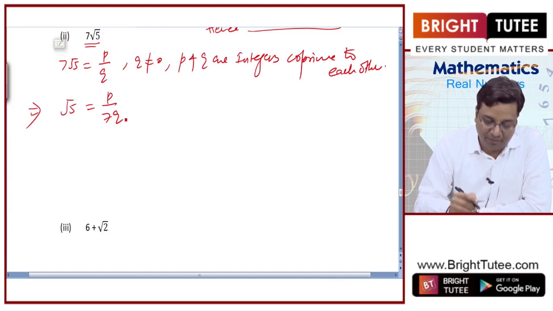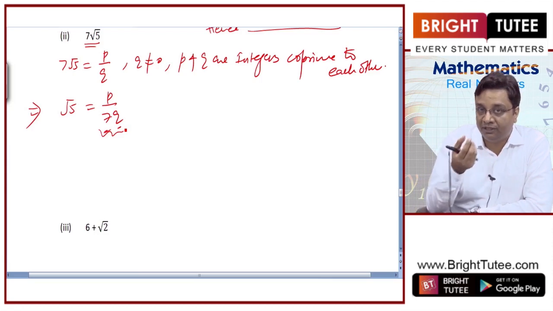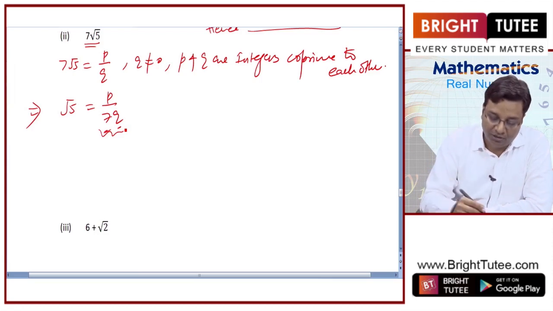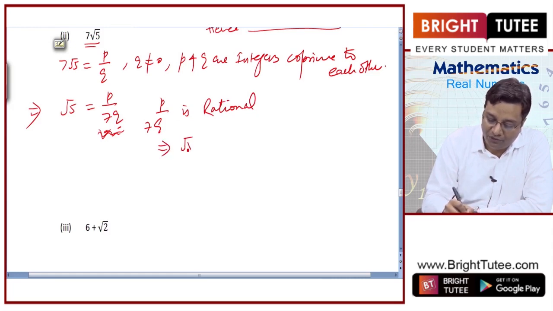Now you just need to explain that q is non-zero, so 7q is non-zero. Hence this number on the right hand side is rational, because it is also written in p by something form, where the something in the denominator is non-zero. So this number on the right hand side, p by 7q, is rational. So it is suggesting to us that root 5 is also rational.